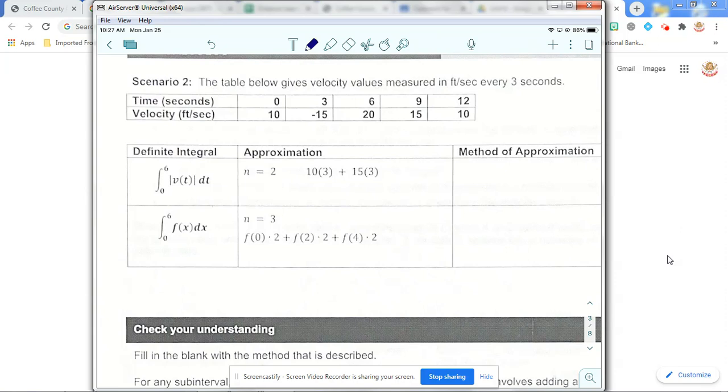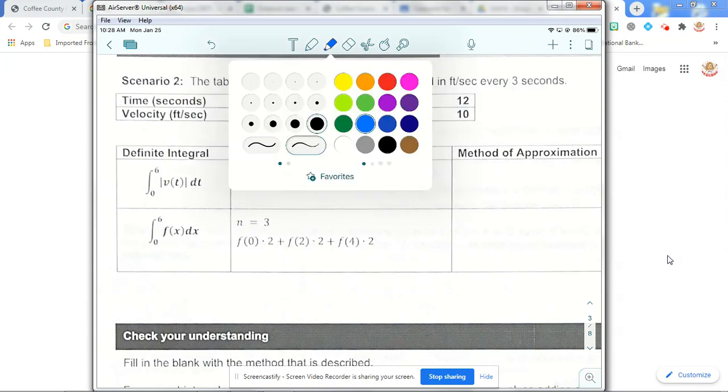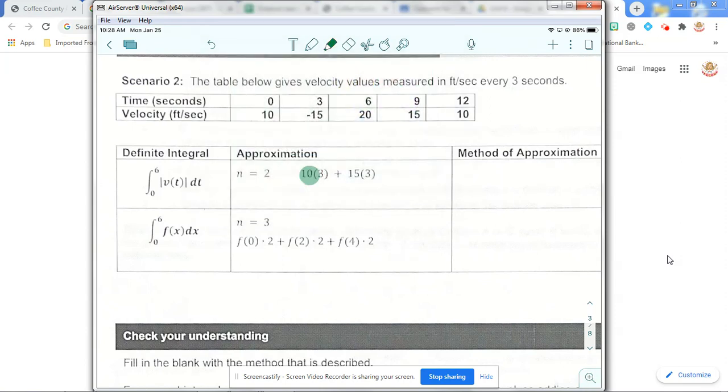So we need to figure out what method we're using with this table. And so we have 10 times 3 to begin with. So the 10 is going to come from this 10. And then that would mean the 3 should be the width of the rectangle. So if I look at from 0 to 3, that is a width of 3.